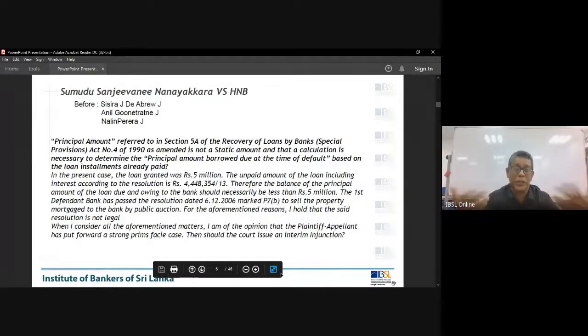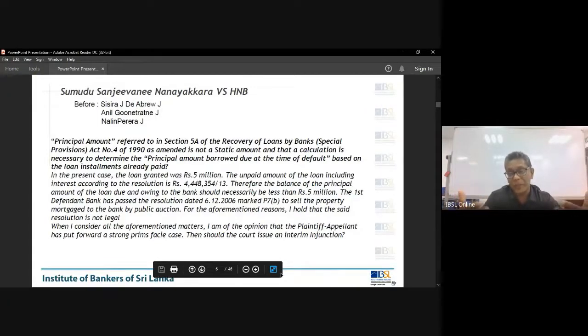First you need to send letters, and if you get no answer, you need to put up a press advertisement and gazette notification, and if there is still no response, only then do you go for a public auction. If you can sell it for more than the loan amount, you recover the other necessary costs incurred by you, and if you have any excess, you may pay it to Sumudu and the others.